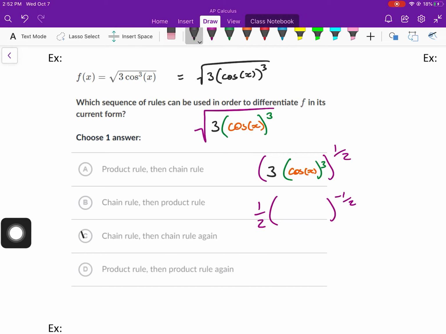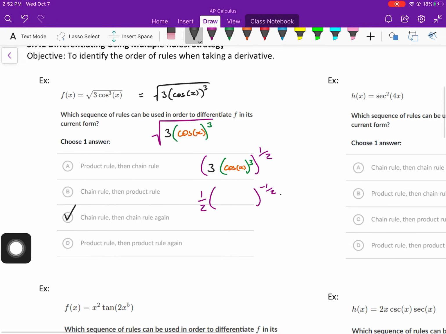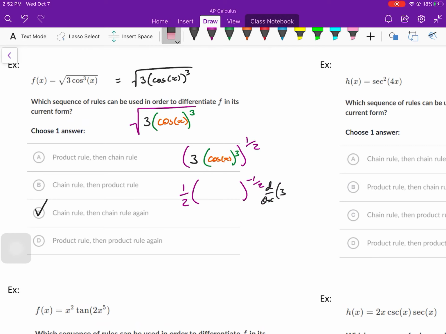But when we take the derivative of this inside function, that's going to require the chain rule. So we're going to do the chain rule twice. We do the chain rule, and then when we take the derivative of the inside, 3 times cosine of x cubed, this is going to require a chain rule.